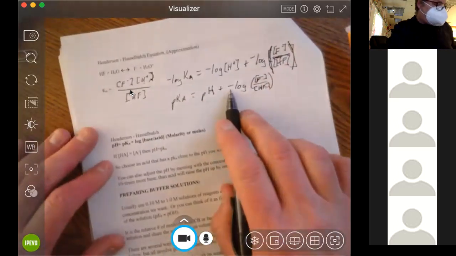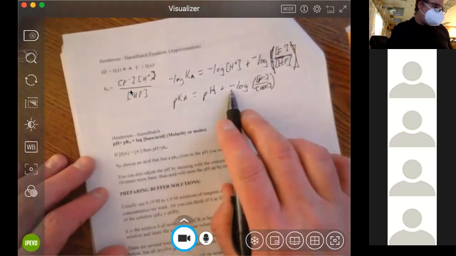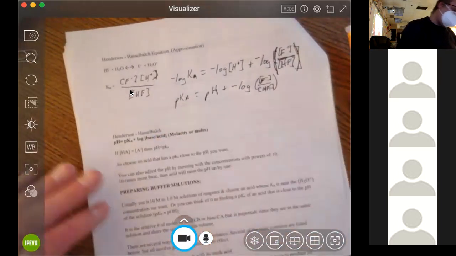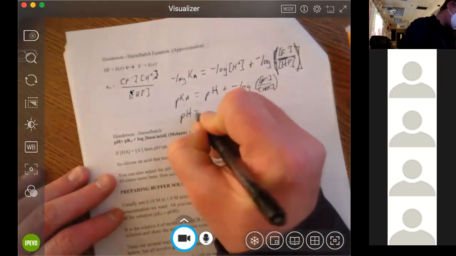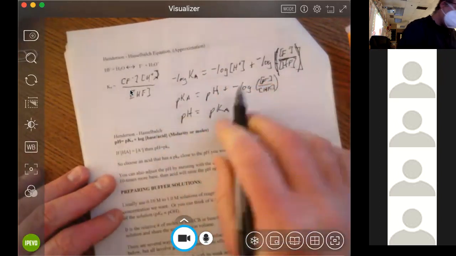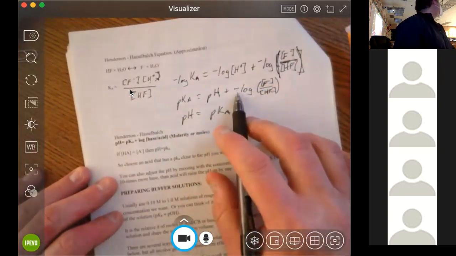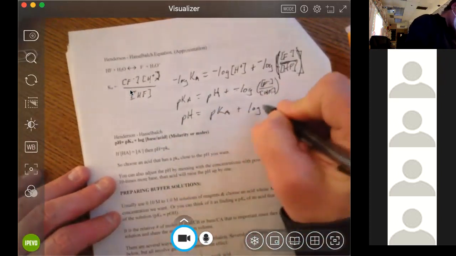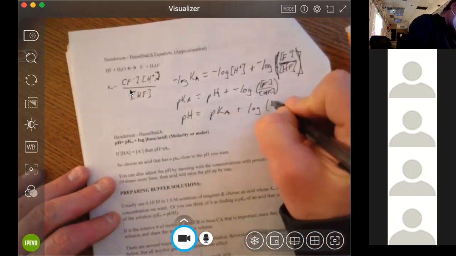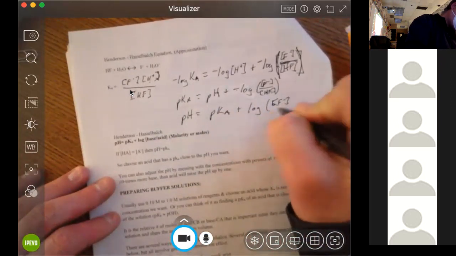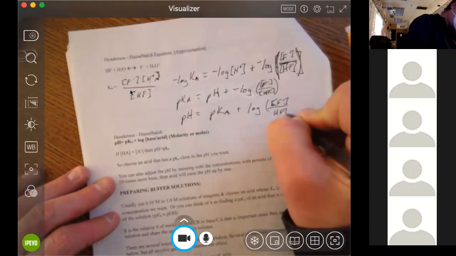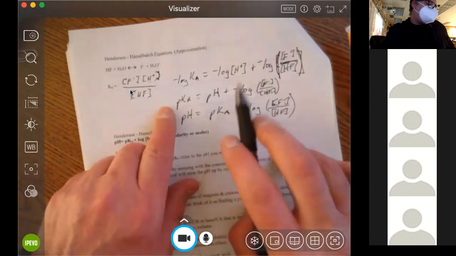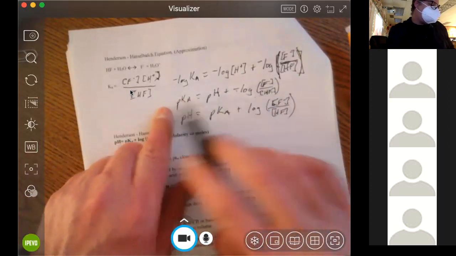If we're adding the negative log and we want to rearrange this equation, then we would take this over to here and we get pH equals pKa, since we're adding both sides with the negative log there, plus log of the base, F negative over HF. So it's the switching of this from this side to this side.